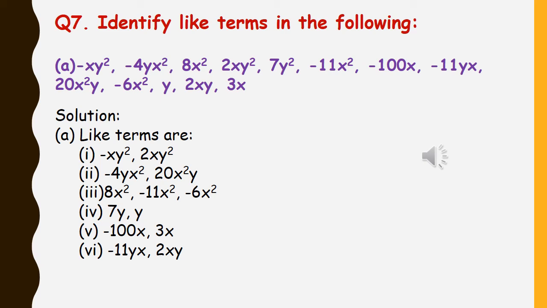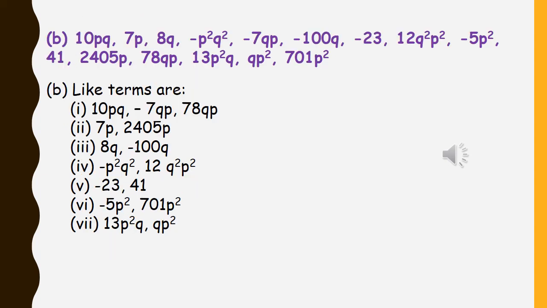These three are like terms. Similarly, 7y and y are like terms. 3x and minus 100x are like terms. And 2xy and minus 11yx, they are like terms. I hope everyone can solve part B and identify the like terms from the given algebraic expression in a similar manner.